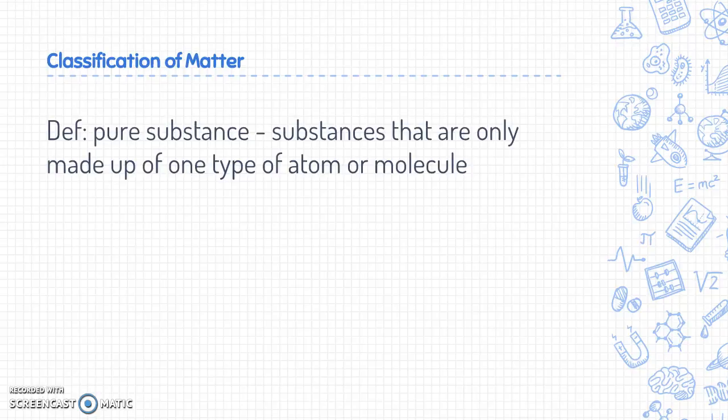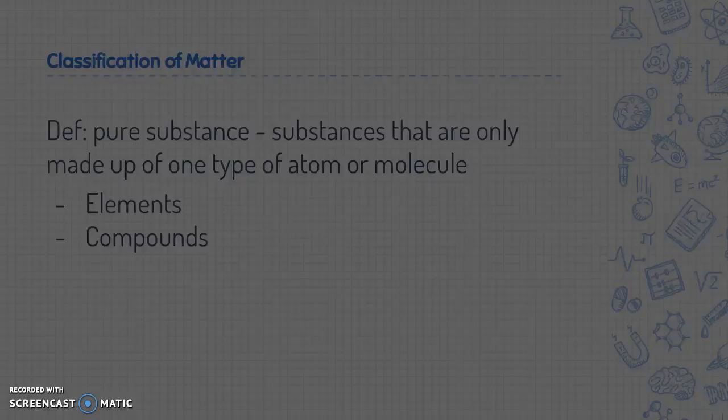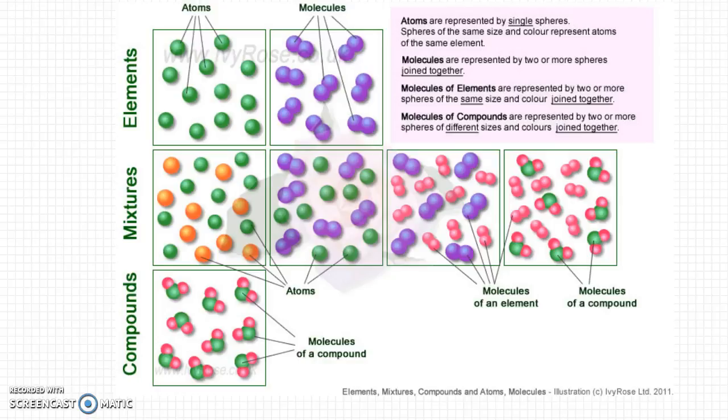Pure substances are substances that are only made up of one type of atom or molecule. Pure substances can either be elements or compounds. And this is a graphic that shows the difference between atoms, molecules, mixtures, and compounds. Up here we have elements. Elements cannot be broken down into simpler substances.